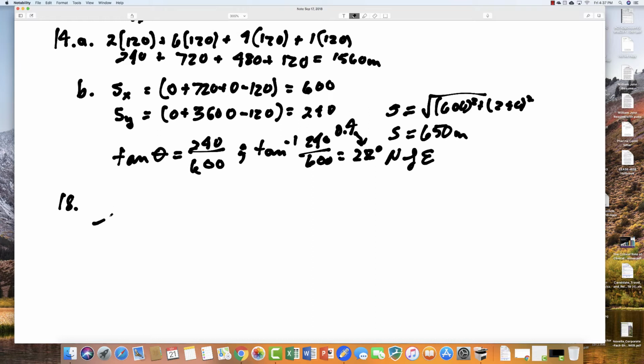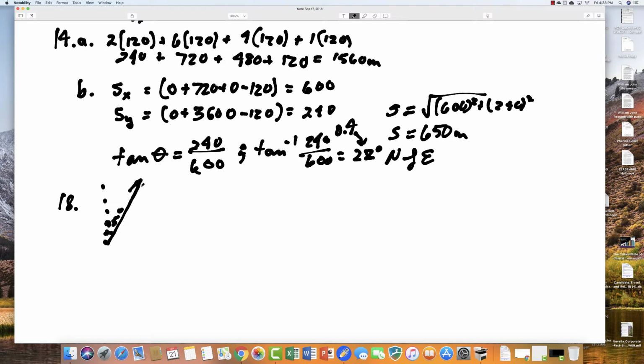So you start out going 15 degrees east of north. Let me draw that properly. So 15 degrees east of north looks something like that. This being 15 degrees, and here's true north right here.